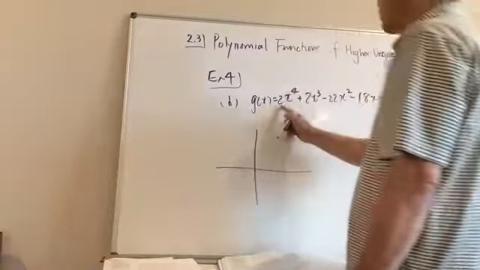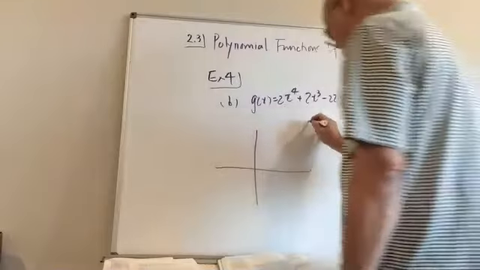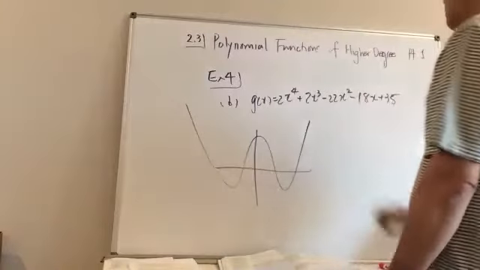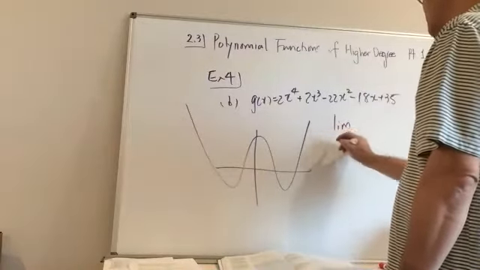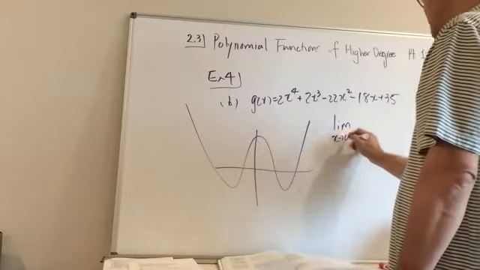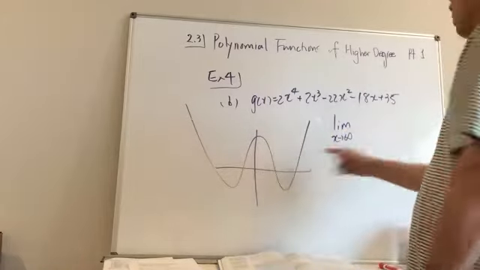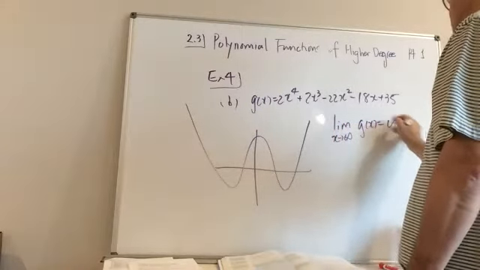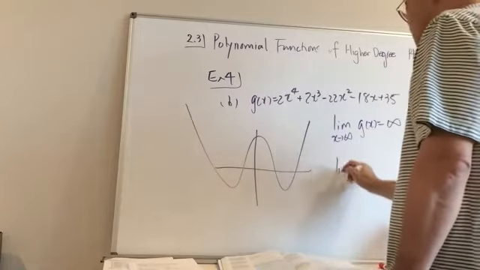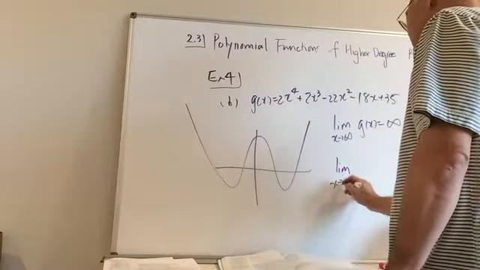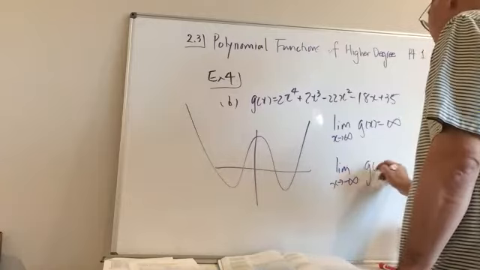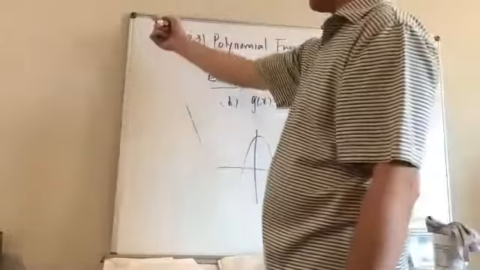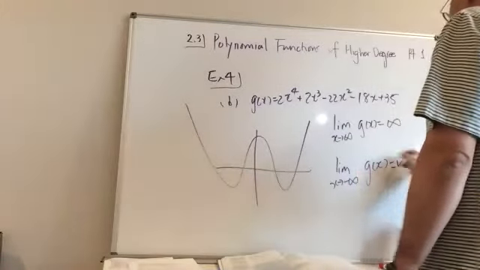This is x to the 4th, it's positive, so it's going to start here. It looks like that. So again, the limit as x goes to infinity, it's going to go all the way up there. So g of x is equal to infinity. The limit as x goes to negative infinity of g of x, it's going to go up that way. Also goes to infinity, right?